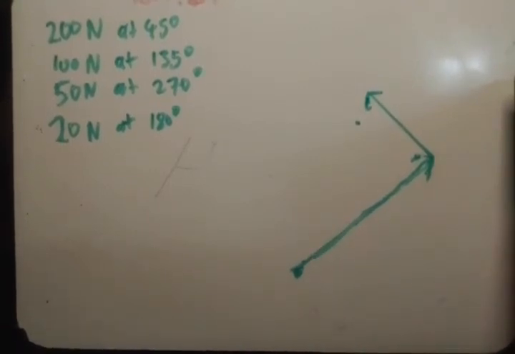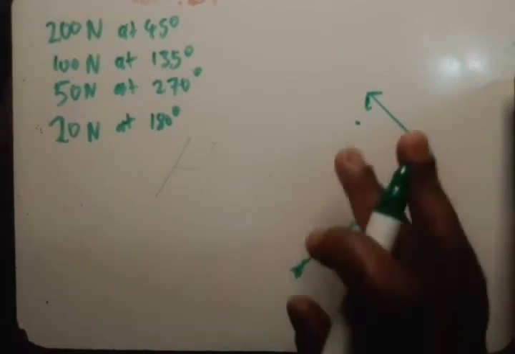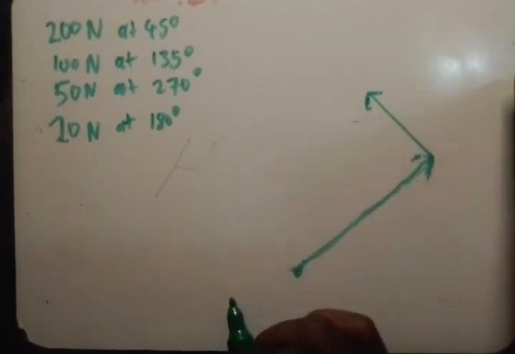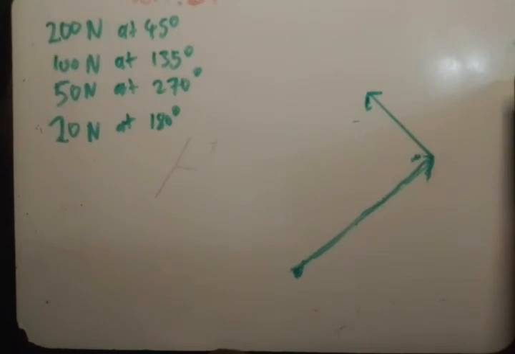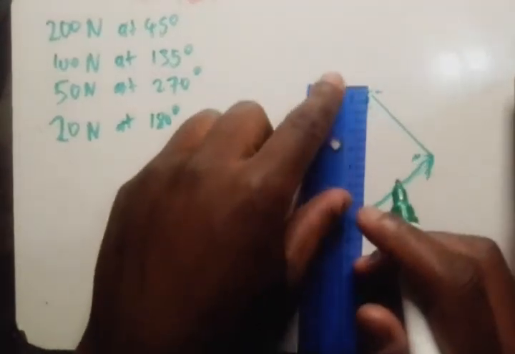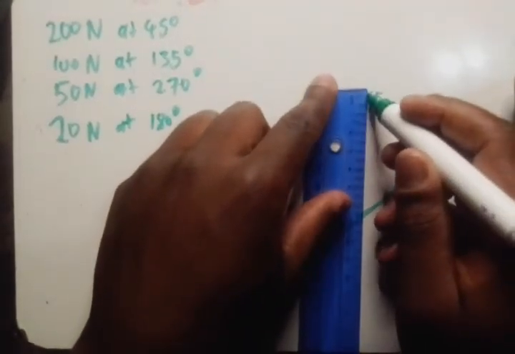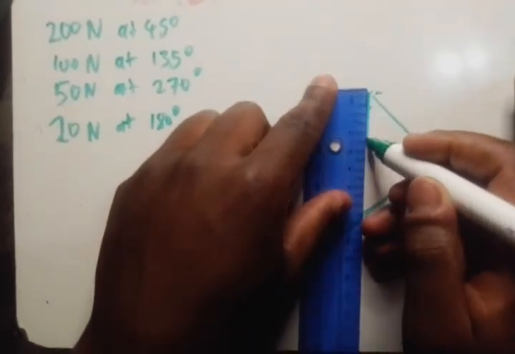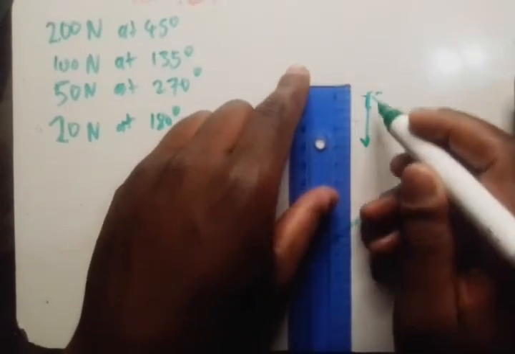Now we have to draw the next one, which is 15 newtons at 270 degrees. 15 newtons would be 2.5 centimeters, so 2.5 centimeters would be somewhere there at 270 degrees, right?